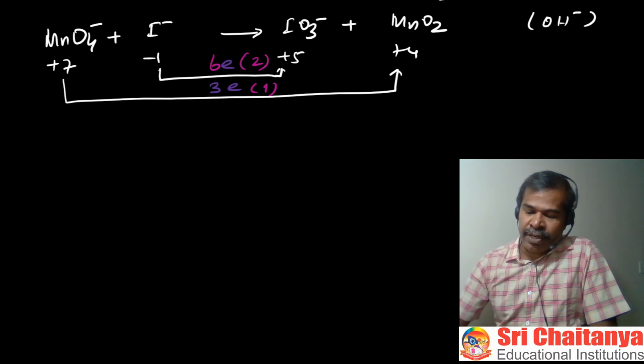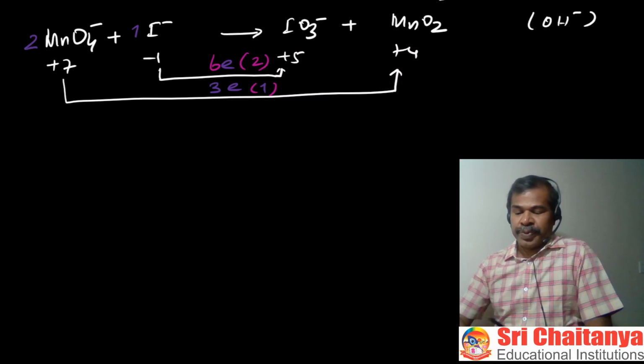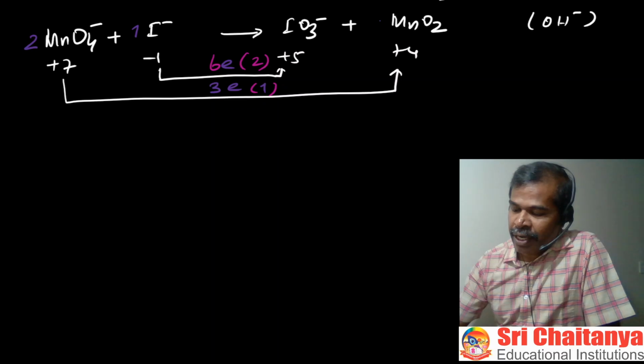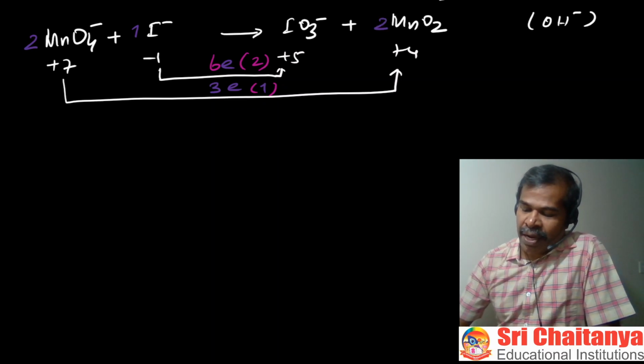So the coefficient of I is going to be 1 and the coefficient of Mn is going to be 2. So if it is 2, here it is going to be 2 and iodine again, this is going to be 1.